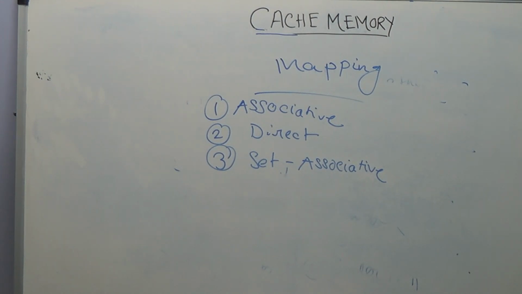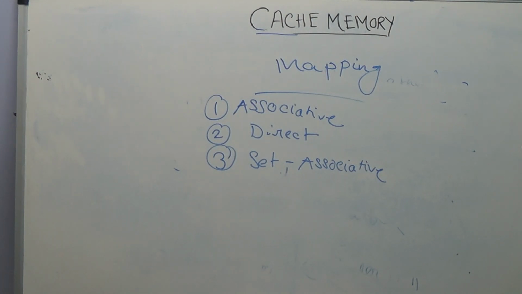Then the address data pair is brought into the cache memory and it replaces an old address data pair. This memory is accessed using its content. It allows access to each block of main memory. So it is called content addressable memory. So associative memory is also known as content addressable memory.